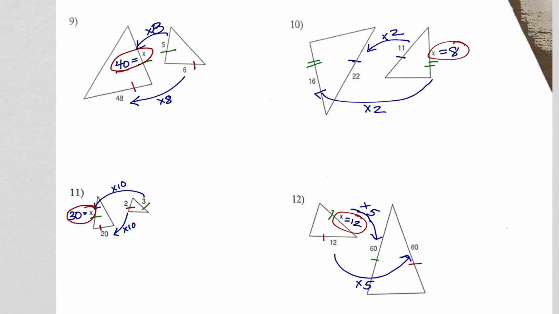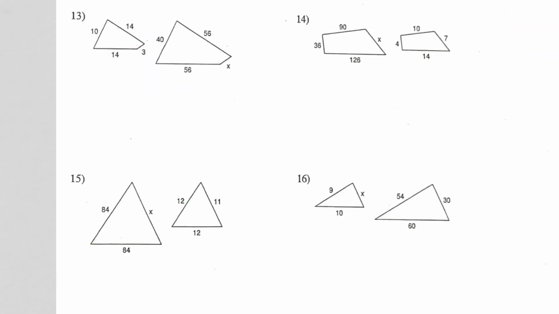So I like these set of problems because we simply had to use the idea of the multiplier or the scale factor. Wow, and the next set of problems, it's a little bit more challenging. The numbers are much bigger, so I'm probably going to set up proportions this time. I'm told that these are similar figures because they're not all triangles in this particular set of problems. But remember, similar figures are the same as similar triangles.